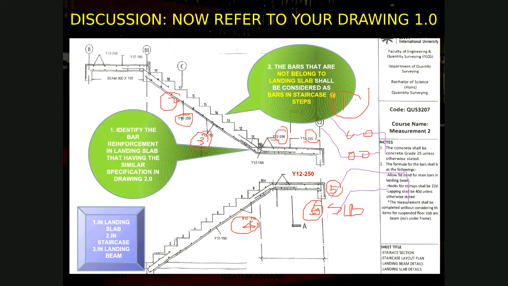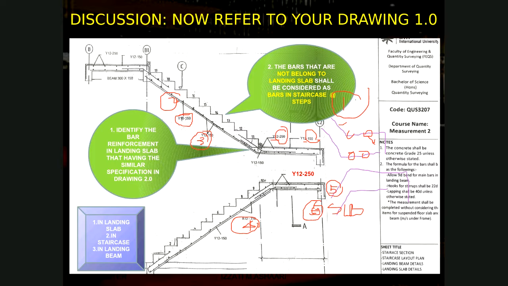In this example, item number 1 has a similar category. You may see that there are some cases, maybe item number 1, the purple color is Y10, and maybe the red color here is Y12. So you cannot measure under similar category. So principally, before we end the session, please take note that we have to identify according to the category of the bar, either mild steel or high tensile.